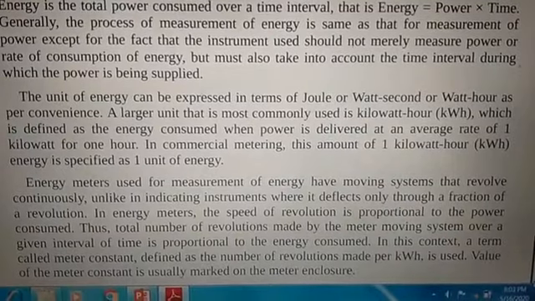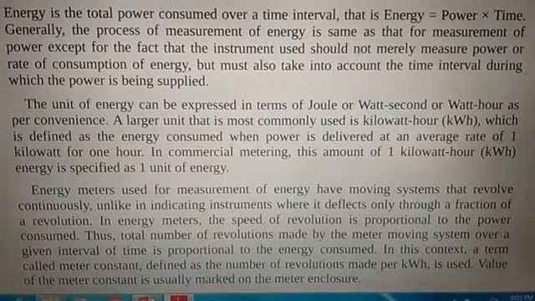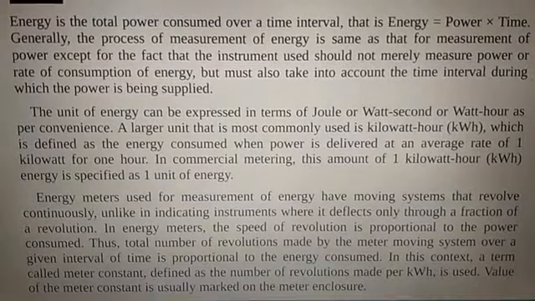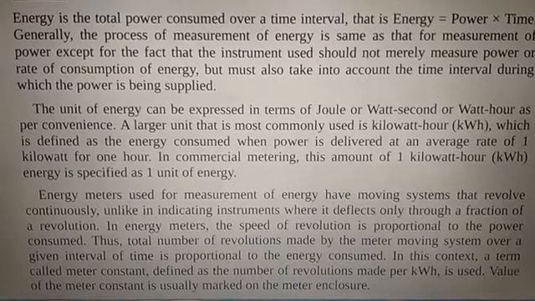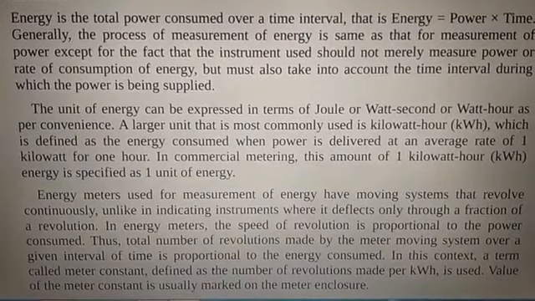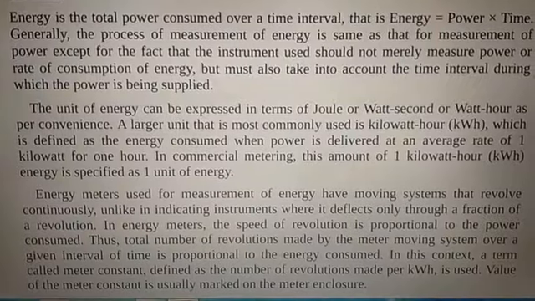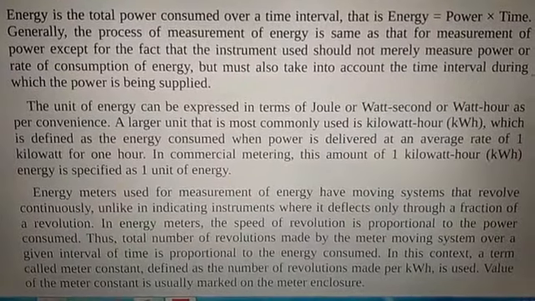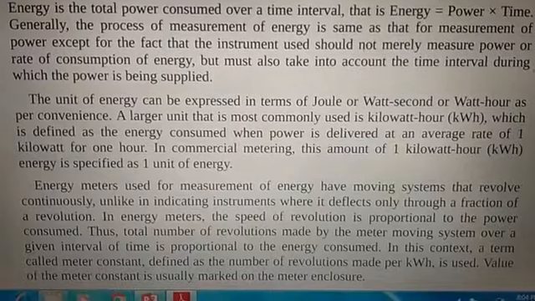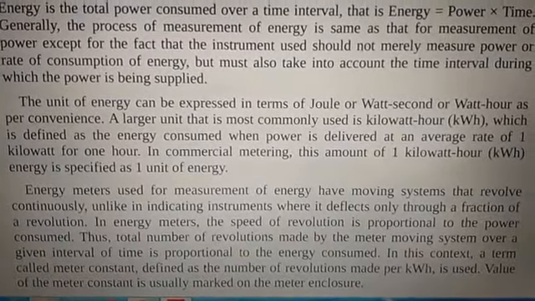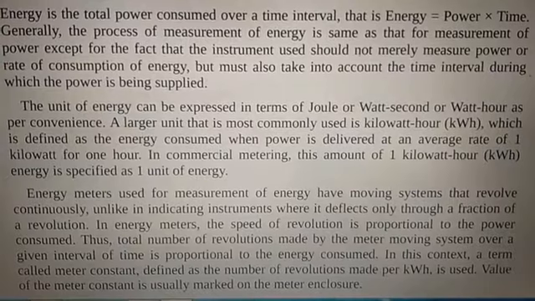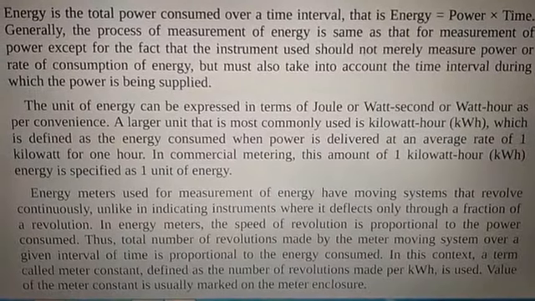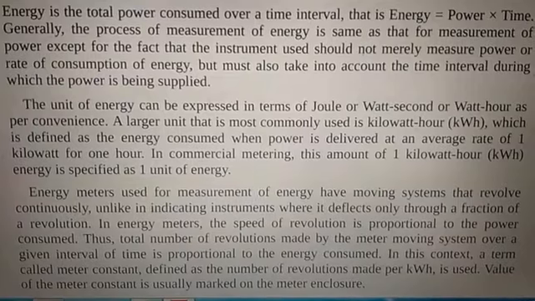If you talk about the unit of energy, the SI unit is the joule, or it can be watt second or watt hour as per convenience. But due to the larger value, a larger unit is required, and the most commonly used is the kilowatt hour, kWh, which is defined as the energy consumed when power is delivered at an average rate of 1 kilowatt for 1 hour.